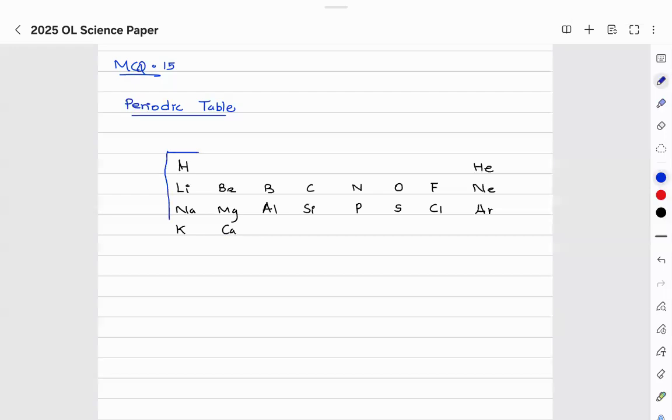Then we know that in the periodic table, how many rows are there in the periodic table that you are learning? 4. And these rows are known as periods, exactly. And how many columns are there? 8 columns.